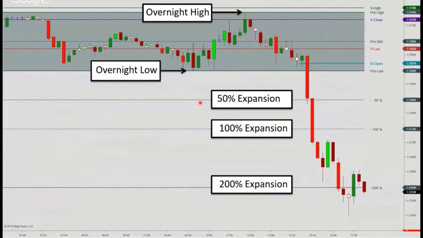So we have the 50, the 100, and the 200% extensions. You can, of course, choose your own levels here. The 50% expansion equals half of this range. The 100% expansion equals this range. And the 200 is double this range.